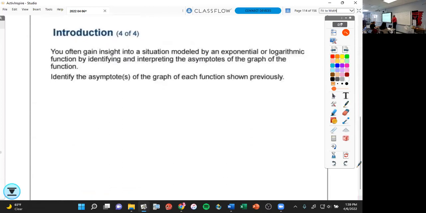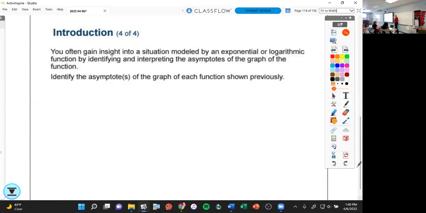You often gain insight into a situation modeled by an exponential or logarithmic function by identifying and interpreting the asymptotes. What the heck is an asymptote? It's an imaginary line that a graph approaches, right? Okay. And I'm going to eliminate the phrase "and doesn't cross." Now a vertical asymptote cannot be touched or crossed.